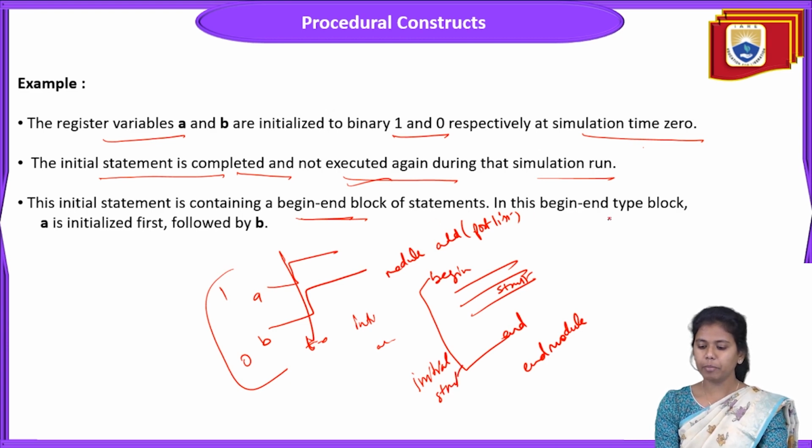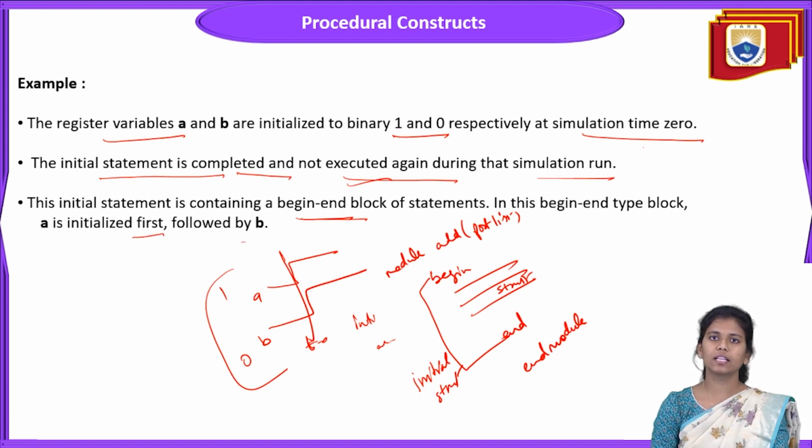In the begin and end type block, A is initialized first followed by B. So first comes A and then comes B. This is how initialization of the initial procedural construct takes place when you write the syntax.